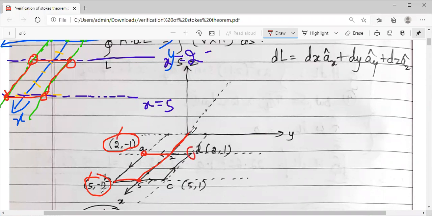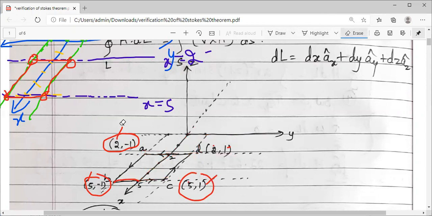Now, talking about this point, you have traveled 2 units in the x direction plus 1 unit in the y direction, so 2 and 1. Now the 4th point: you have traveled 5 units in the x direction and 1 unit in the y direction, so it is 5, 1. Again the y coordinate is the same, only x has changed.